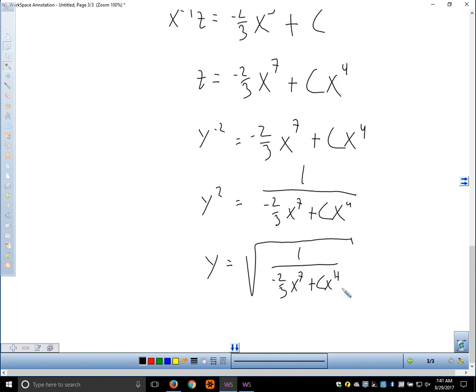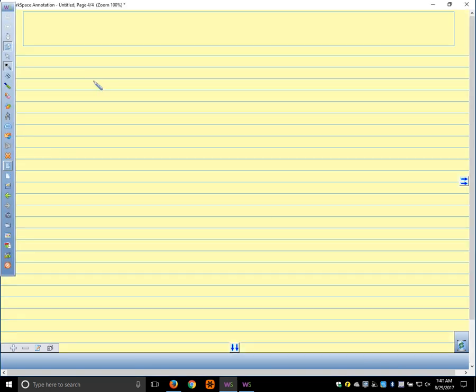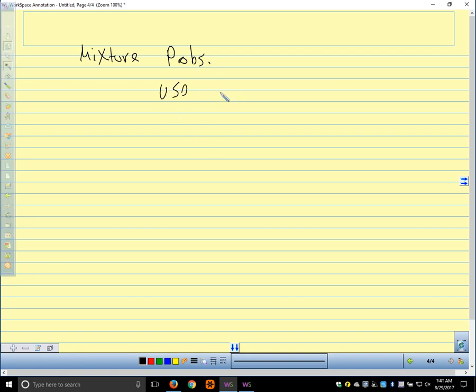A hint on your homework. There are some mixture problems on the homework, where you have tanks and a solution, and stuff going in and stuff going out. On those mixture problems, use the equation developed in number 35.